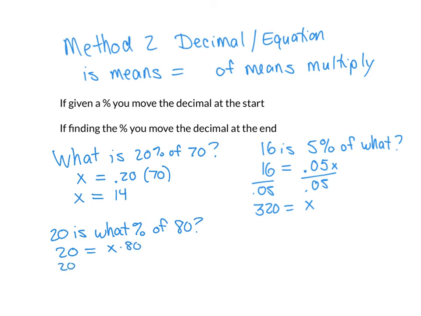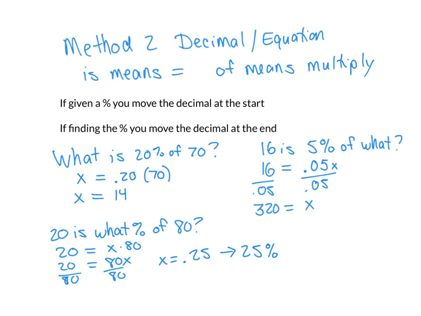I'm just going to rewrite this so it's in a format that we normally see. We normally see the number before the variable. And then I can divide. If I divide, I'm going to end up with x is equal to 0.25. However, I am not done because I need to turn 0.25 into a percent. So I'm going to move the decimal over twice and I'm going to get 25%.